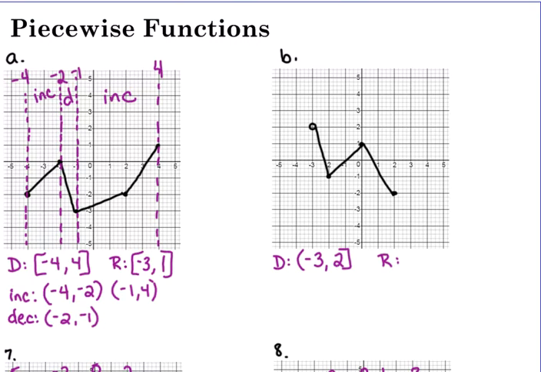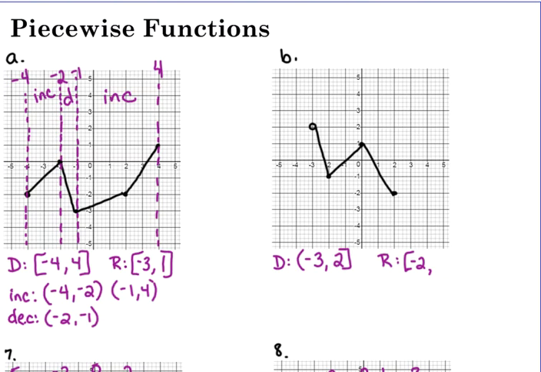For our range, start at the bottom. Our minimum y value is -2. There is a point there, so we've got a bracket because it is equal. We go up, we go up, we go up.